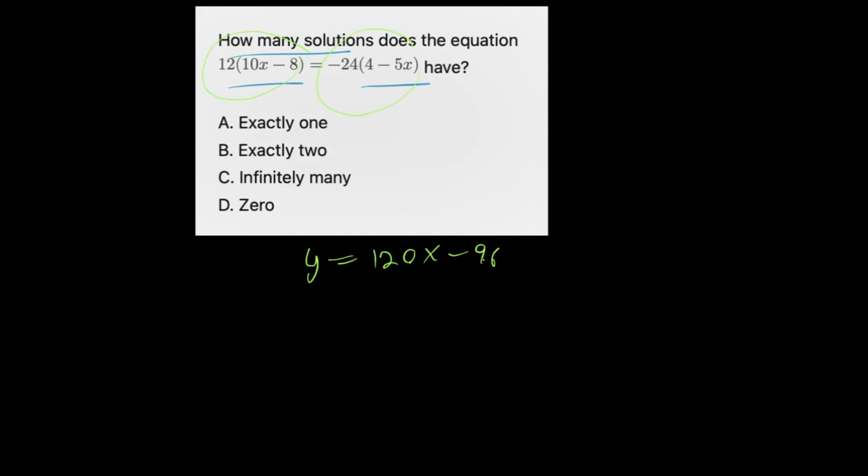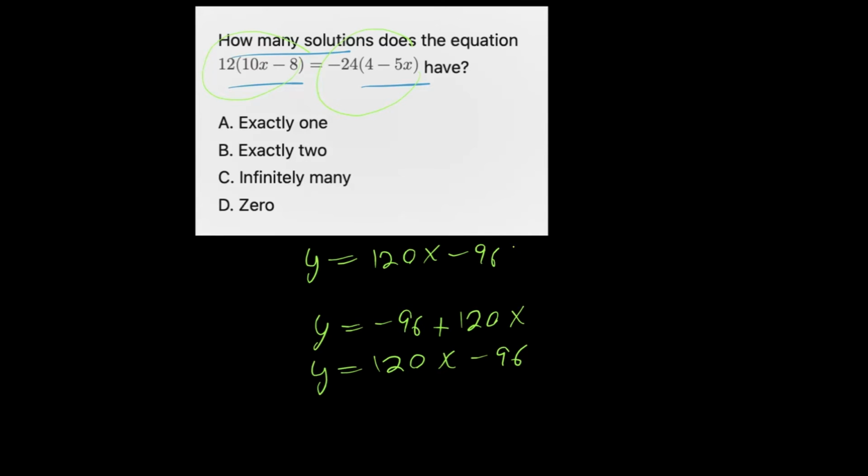And for this one, we'll have y equals negative 96 plus 120x. And that one we can rearrange into y equals mx plus b. So y equals 120x minus 96.